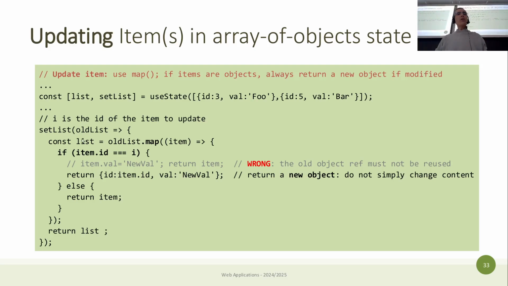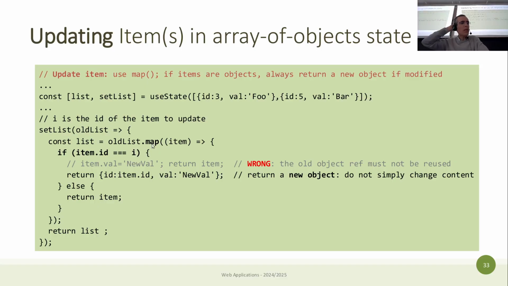So, this is a list of objects. You see ID and val, ID and val. Two objects in an array. Use state and so on. Again, with the function, all list map. Always use map, unless you need to delete and add.